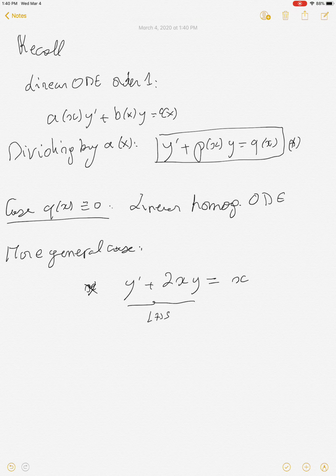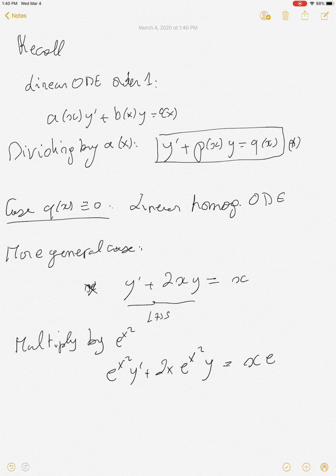And you can notice, just pulling the rabbit, that if I multiply by e to the x squared, I get the ODE e to the x squared y prime plus 2x e to the x squared y equal x e to the x squared. And now we can notice that the left-hand side is the total derivative.